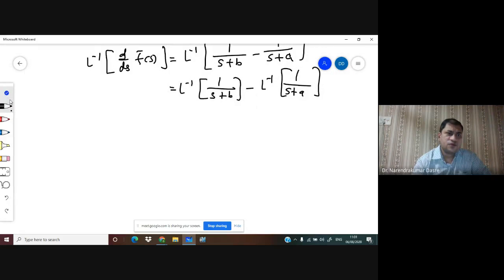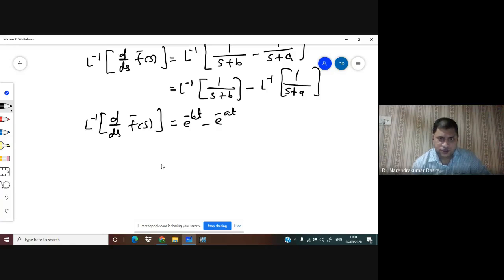Now we find the inverse. So this is e raised to minus bt minus e raised to minus at. So we got the Laplace inverse of d by ds of f bar of s. So here we have completed the second step.